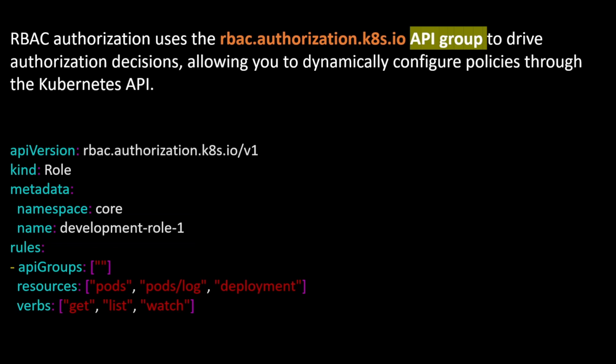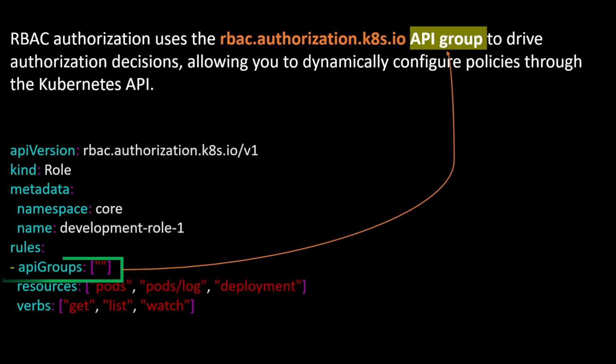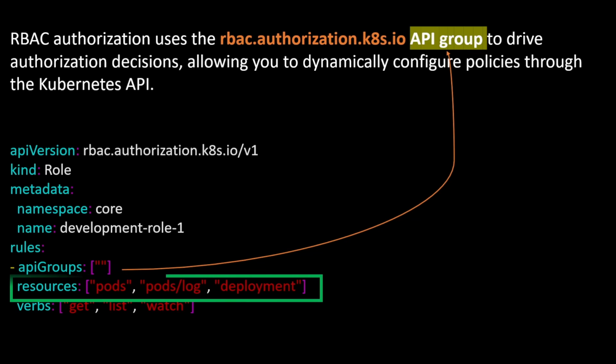The next is rules. Here we are using three arrays. The first one is apiGroups. This field is empty. It means that it will be using the default core API group. In the resources array, we mention which resources will be allowed to the user.